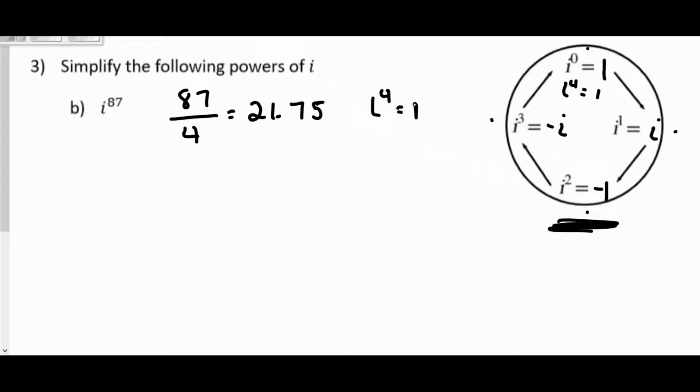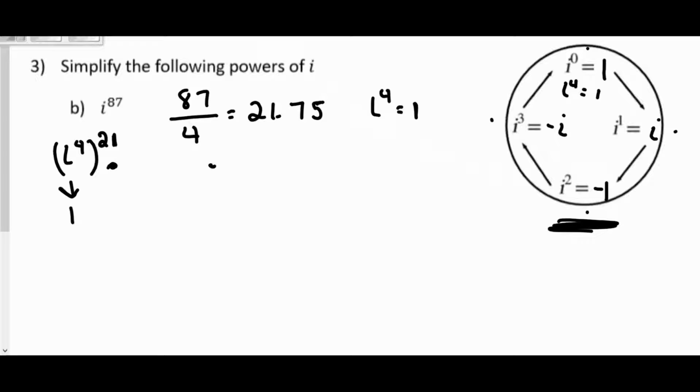So I kind of want to group these up in 4s to see how many 1s I can get. So i to the 4, I can fit 21 here. This is going to always be 1 because i to the 4 is 1. 1 to any power is 1.